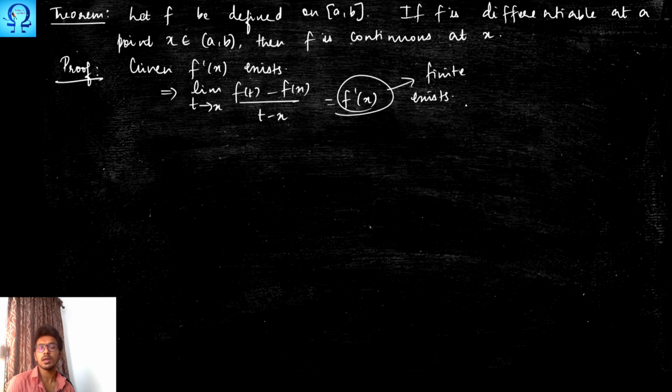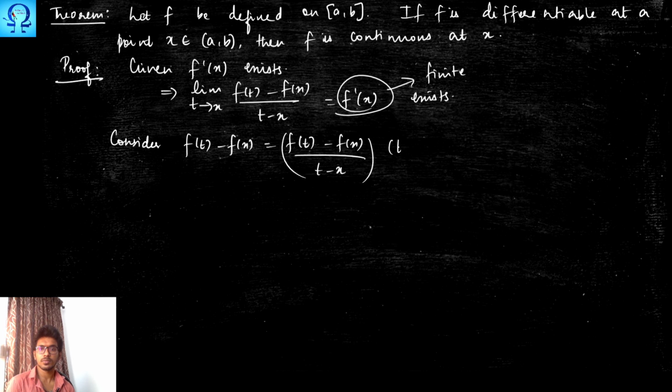That is what we mean by saying this limit exists. It is a unique finite quantity. Now let us consider f(t) minus f(x). This may be written as (f(t) minus f(x)) upon (t minus x) times (t minus x). Here t is not the same as x, so this is well defined.